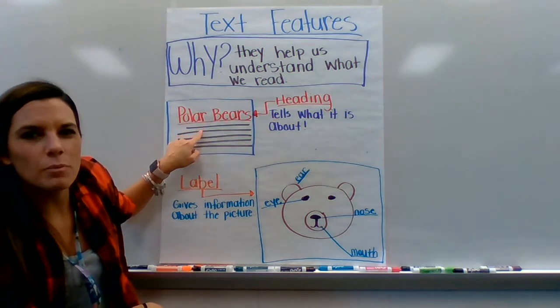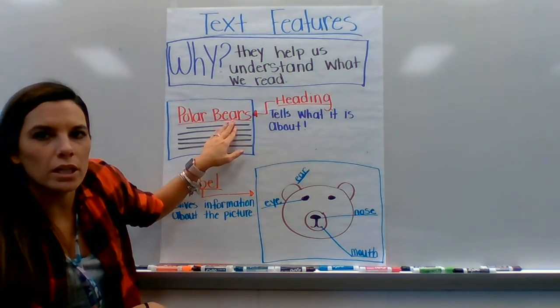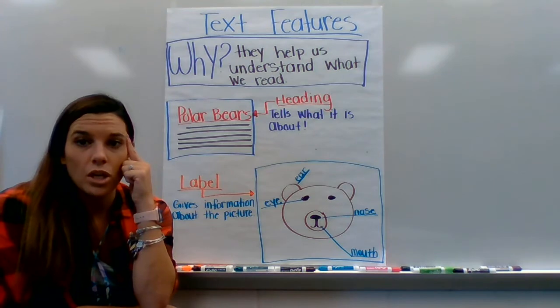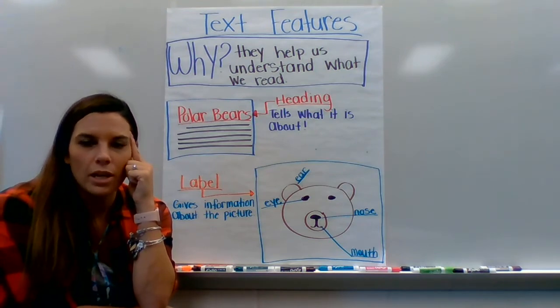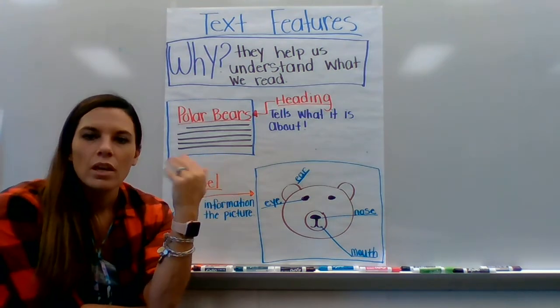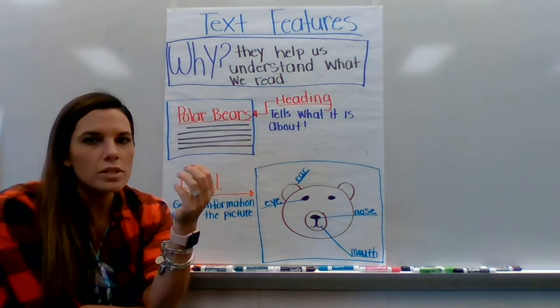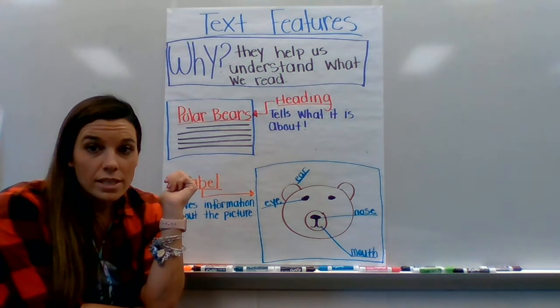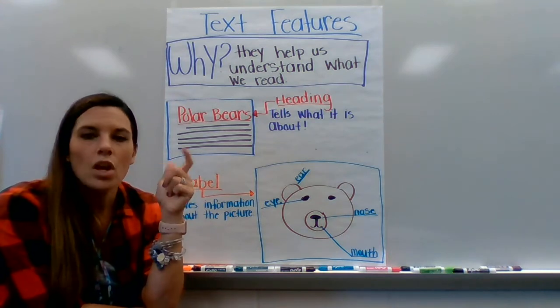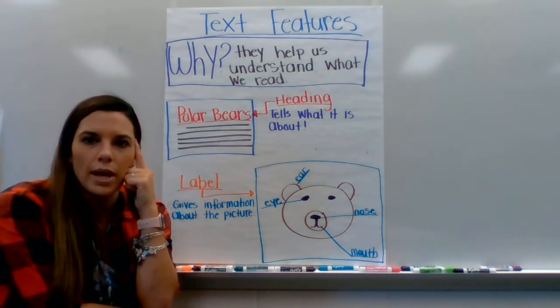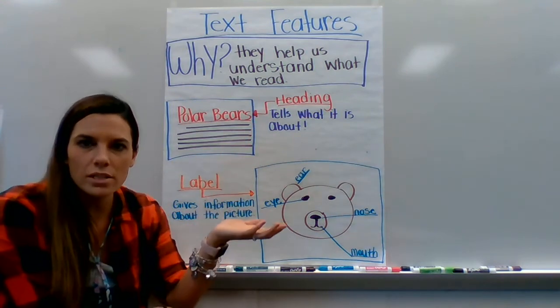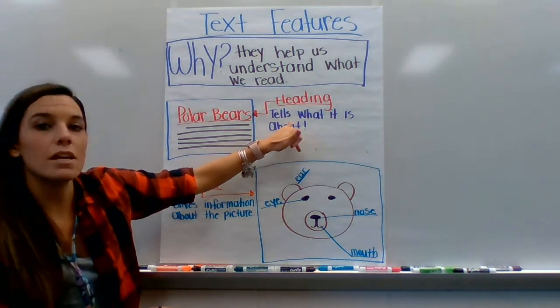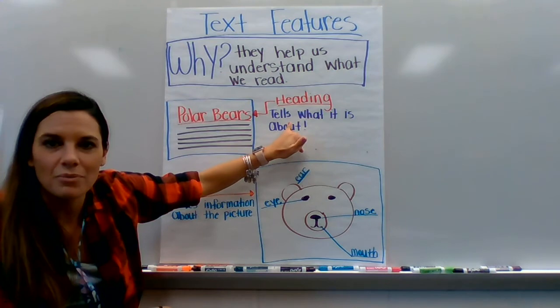So if we see a piece of paper that says polar bears, automatically we're going to know, okay, I'm going to be learning about polar bears. In your story, when you see a heading that says crossing guards, for example, in your brain you should think, okay, I'm going to be learning about crossing guards because the heading tells us what we're reading.